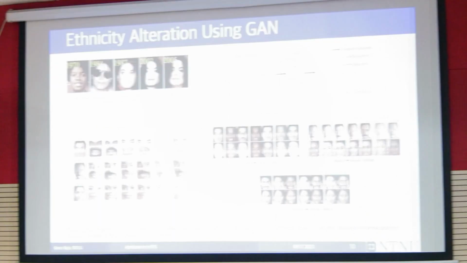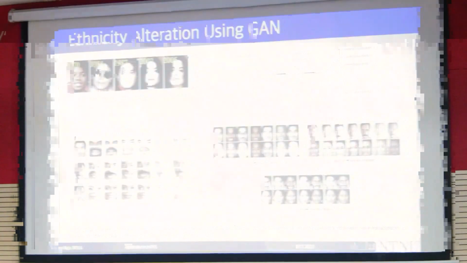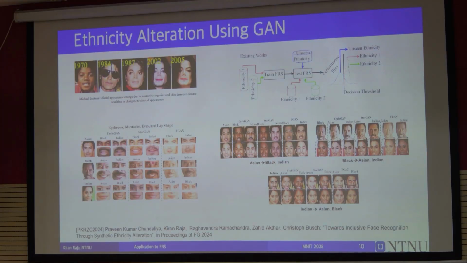And then there is one other application that I want to show. Two applications. This is a problem. The transition of Michael Jackson from 1970 to 2005, whole of his ethnicity changed, right?